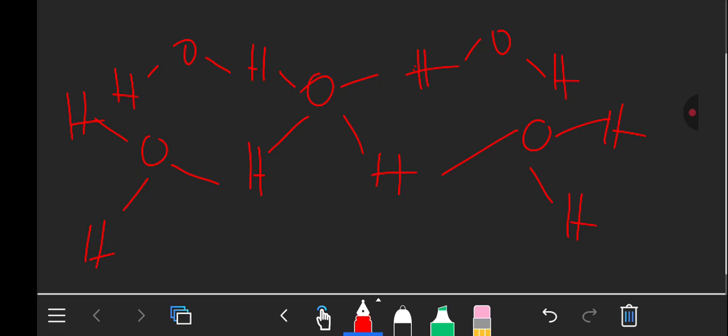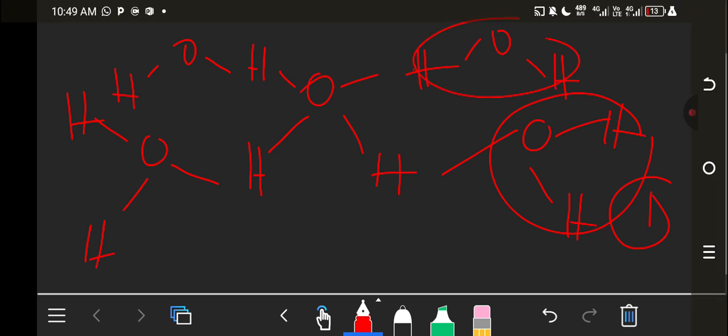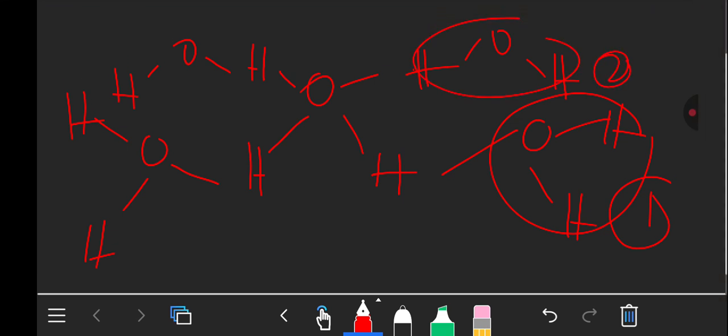Okay, so we can see that that is a water molecule 1, that is another water molecule 2, that is a water molecule 3, and that is another water molecule 4.